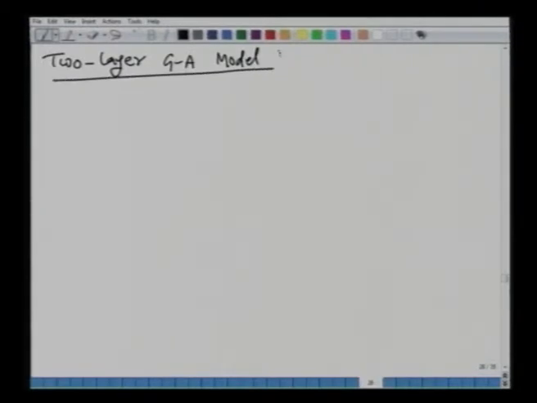Okay. So, if you look at the field situation, this is your ground level. Okay. Then you have two different types of soils.